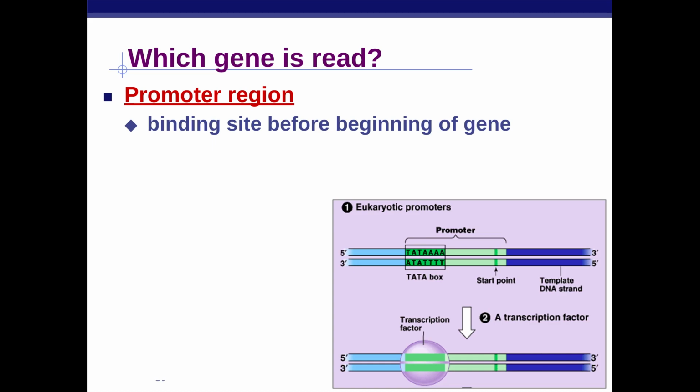So how a gene is expressed or not expressed is determined by a sequence which is present before the gene. That's the promoter region, and the promoter region has a series of T's and A's, a continual sequence of T's and A's in a short stretch, which is called the TATA box.